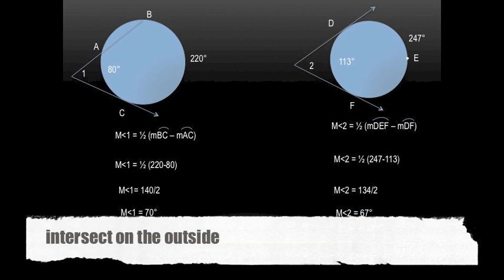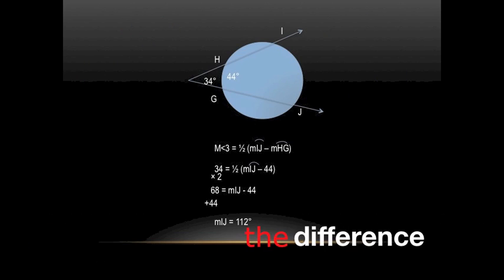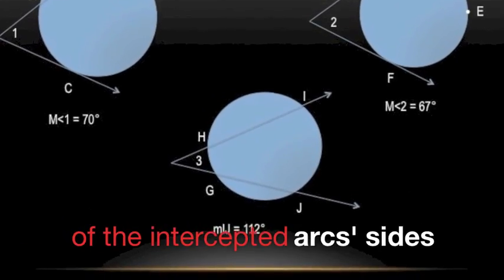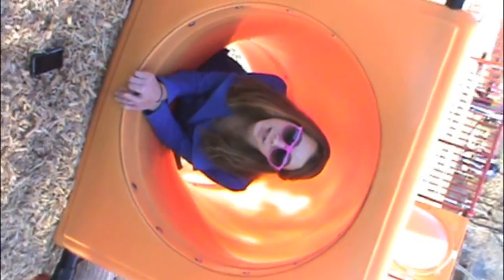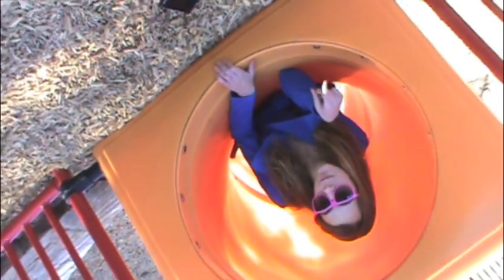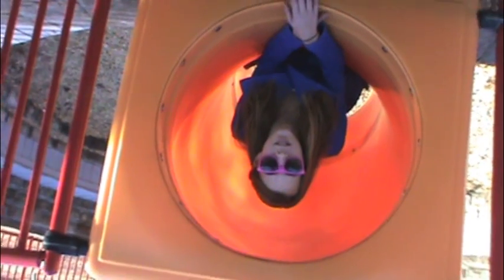Secants and their tangents intersect on the outside, and the measure is half the difference of the intercepted arcs. Finding all the measures is easy. Just remember these theorems and your equations will run smoothly.